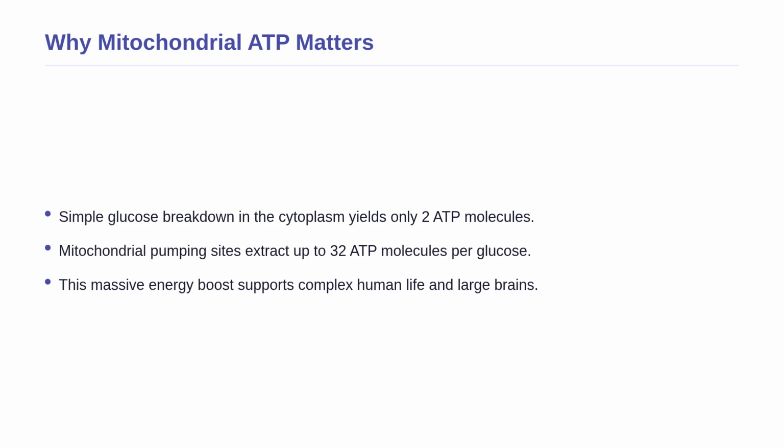By utilizing these specific pumping sites and the ATP synthase turbine, our cells can extract up to 32 molecules of ATP from that same single glucose molecule. This massive energy boost is what allows humans to have large, complex brains, beating hearts, and the ability to run marathons.